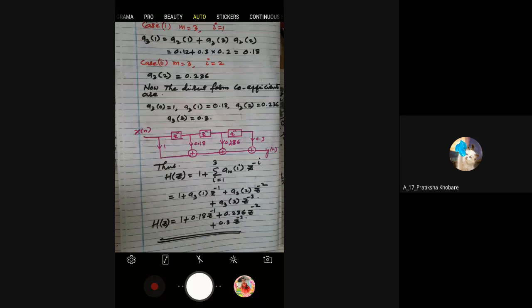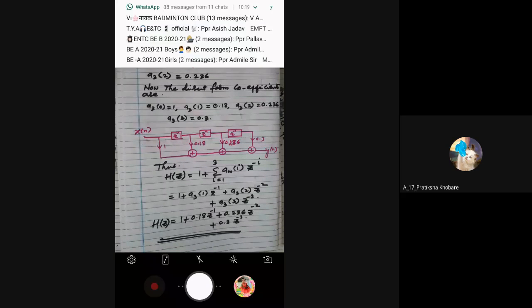A3 of 2 का वैल्यू कितना, whether like 0.236, a3 of 2, right? Have you understood this?